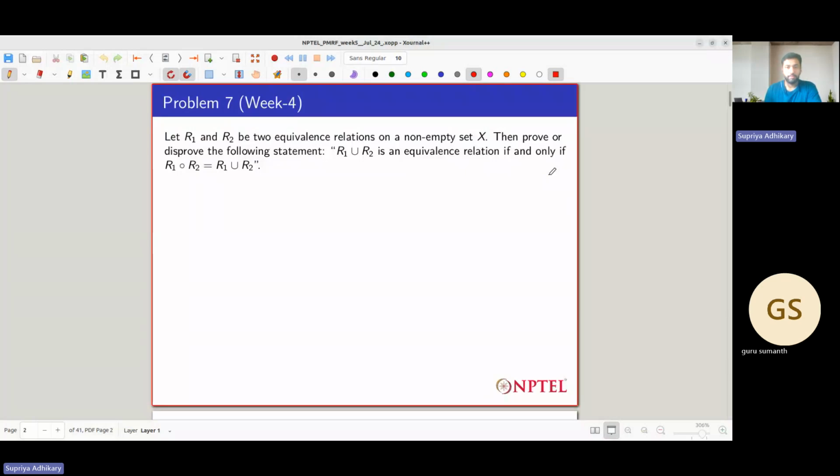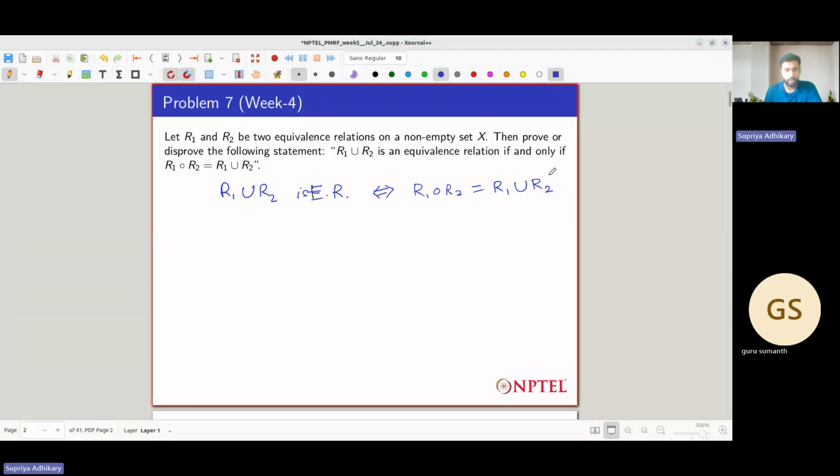So basically what we have to prove here is that R1 union R2 is an equivalence relation, or ER in short, if and only if R1 composition R2 is equal to R1 union R2. So this is what I have to prove.